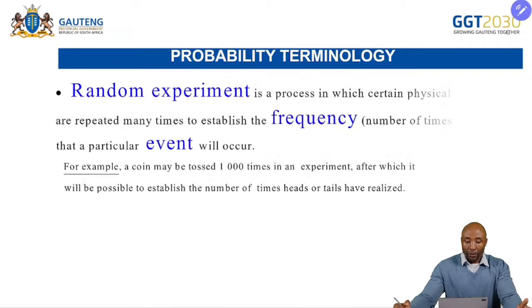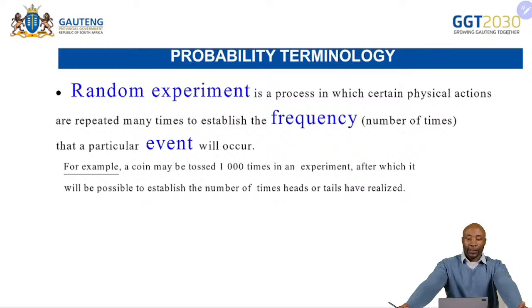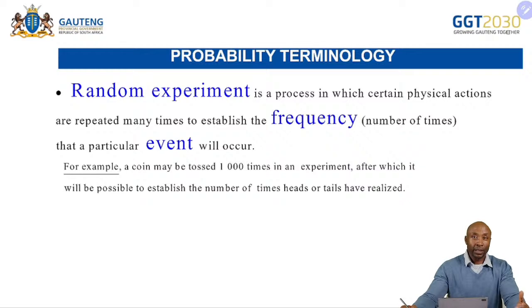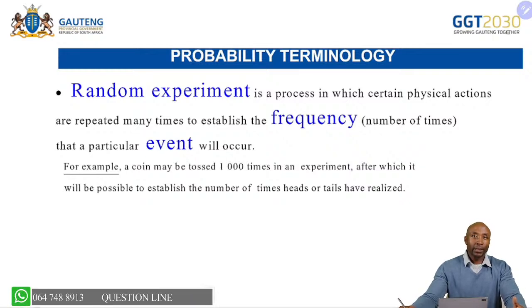Now, we look at terms like a random experiment. This is a process in which physical actions are repeated many times to establish the frequency. I've talked about the frequency, the number of times that a particular event is going to occur. By random experiment, we are saying we cannot predict the outcome beforehand, hence it's a random experiment.